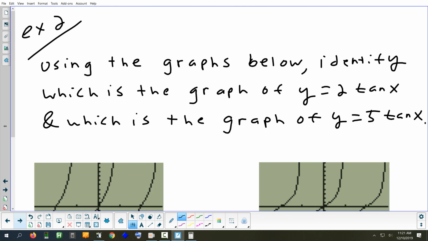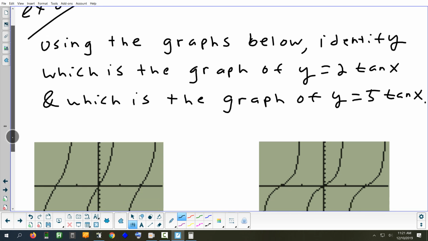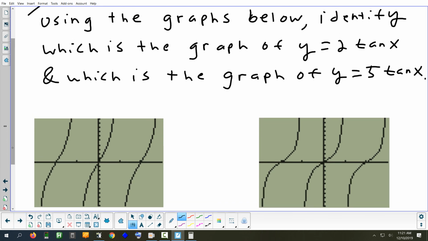Okay, it says, using the graphs below, identify which is the graph of 2 tangent x and 5 tangent x. So you basically have to know what the 2 and the 5 are doing. What kind of transformation? They're vertical stretches.